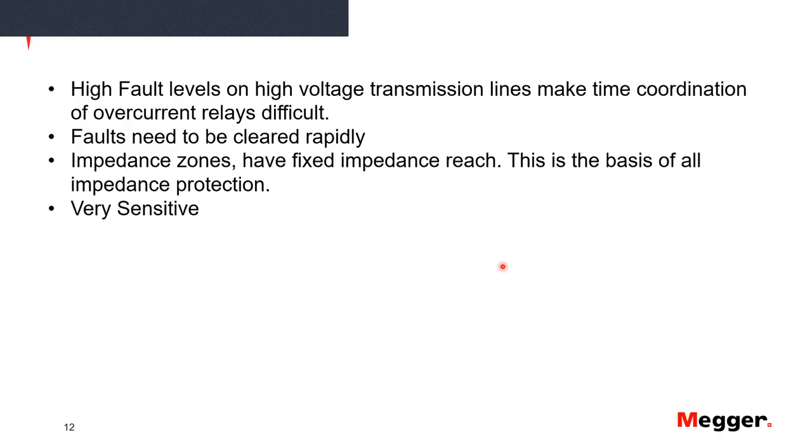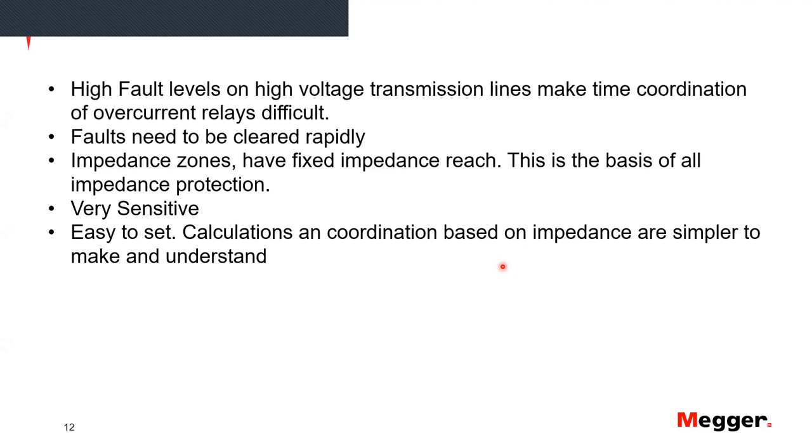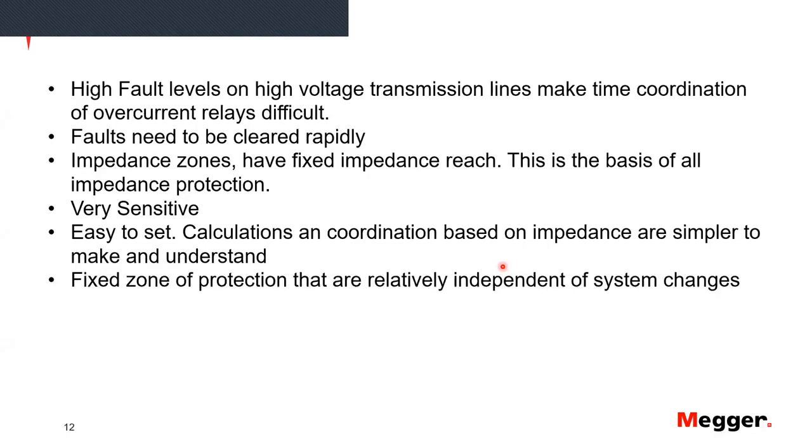They are very sensitive. They are very easy to set. The calculations and coordination based on impedance are very simple to make and understand. And we can have fixed zones of protection that are relatively independent of system changes because they depend only on the impedance of the line that we are protecting and not on the amount of load, well, not absolutely, but they are very independent of the amount of load that we are transferring.